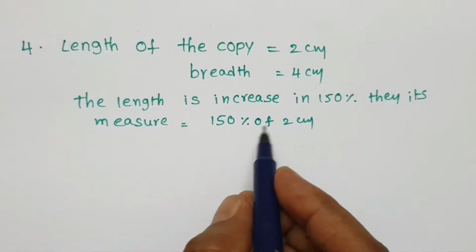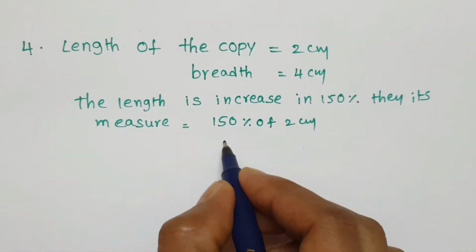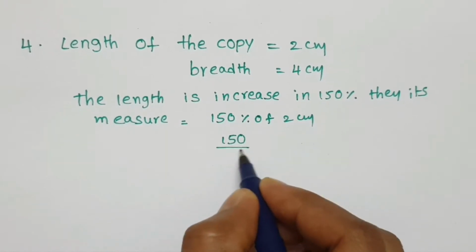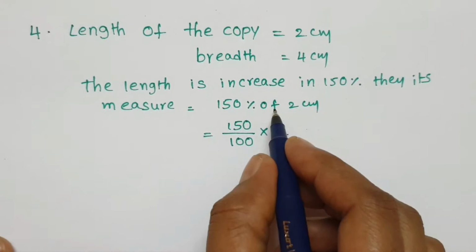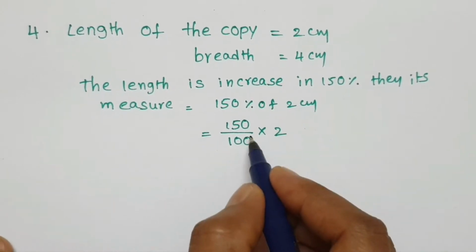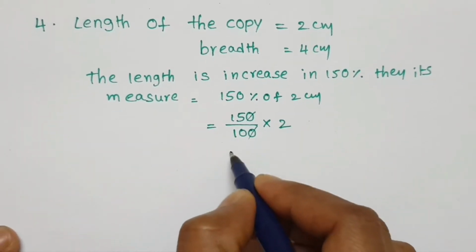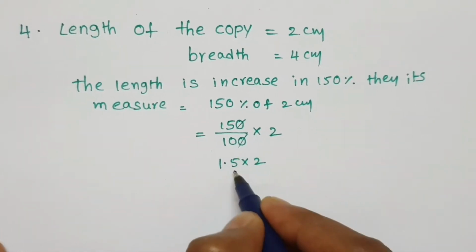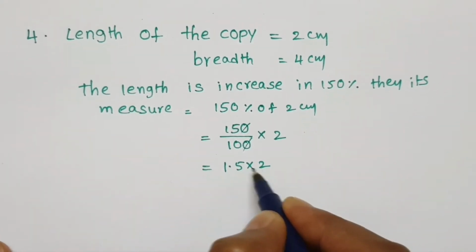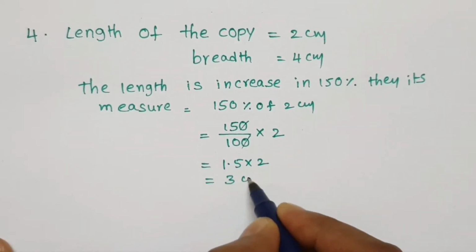Here percent means by 100. 150 by 100 into 2. Here the zeros get cancelled. 15 by 10 means 1.5, into 2. 1.5 into 2 we get 3 centimeters.